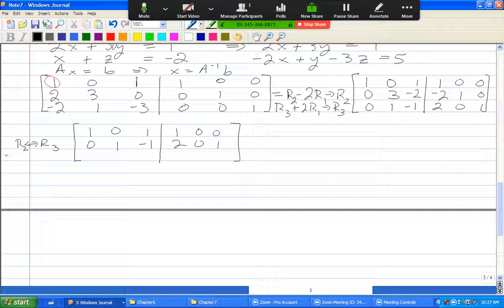And then for the third row, I'm going to want to make this element 0 because I'm pivoting. So I'll take the third row, subtract from it 3 times the second row to get a new third row.